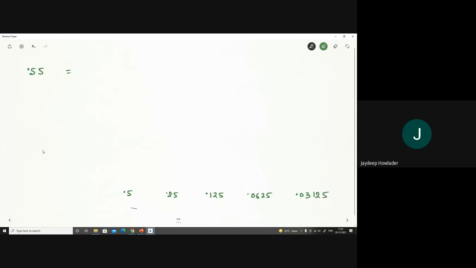We just consider up to this point. So this is 1/2. This is 1/4. This is 1/8. This is 1/16. This is 1/32. Okay. Get it?